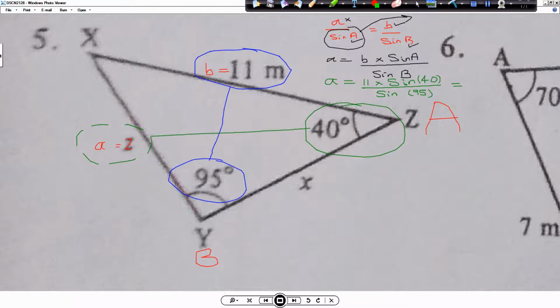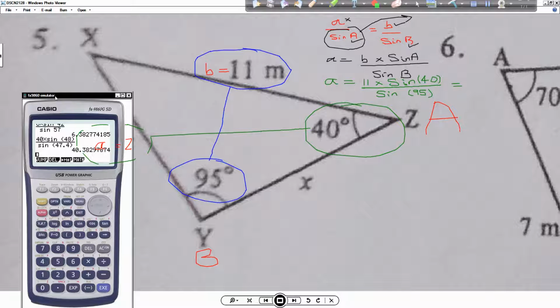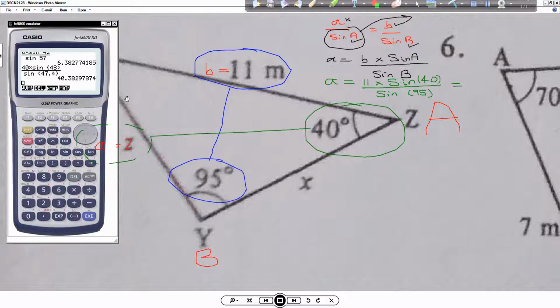So we grab our calculator. Okay, right, let's put the values in there now. So now you use the fraction button on the calculator. So it's 11 multiply by sine, sometimes you get automatic brackets, 40, close the bracket.